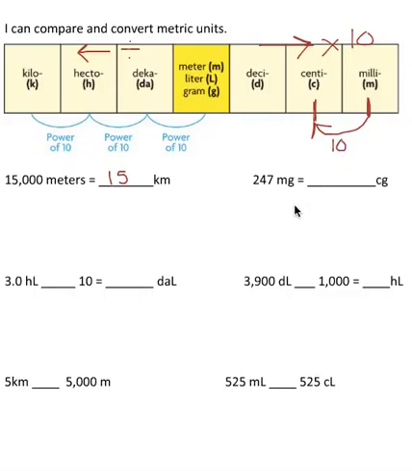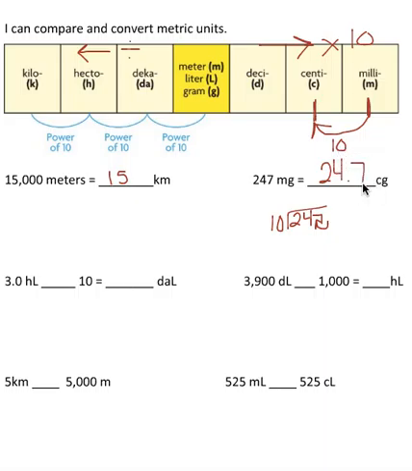So I need to take 247 and divide it by 10. Now you could write out your division problem and do it that way, or you can use the mental math that we learned with decimals and powers of 10, and I can say I know that my decimal is just moving to the left 1, which would be 24.7.